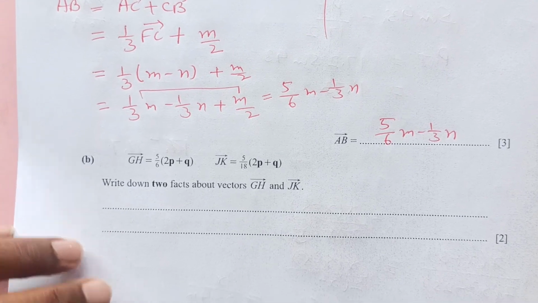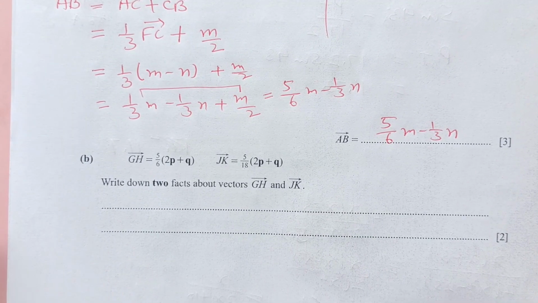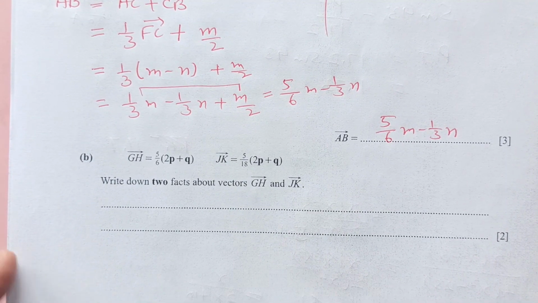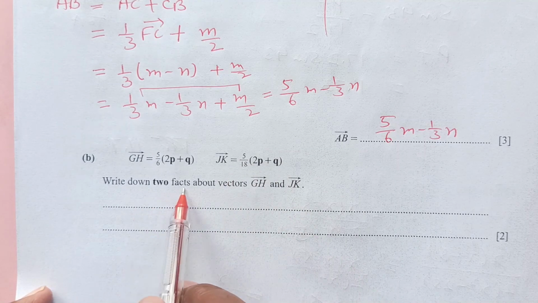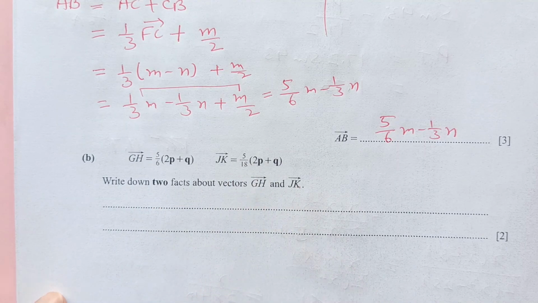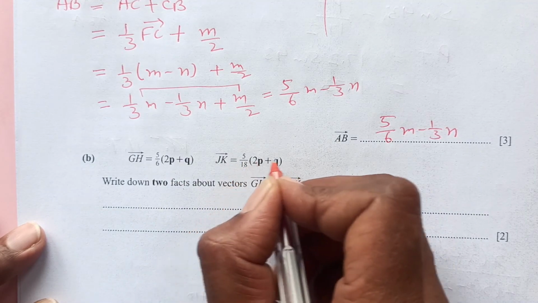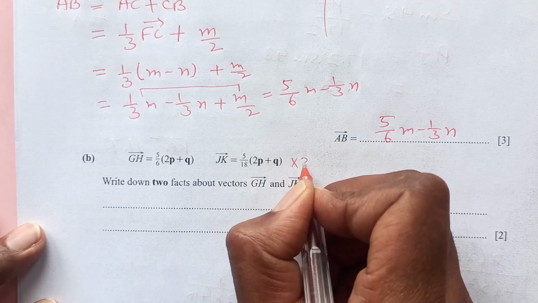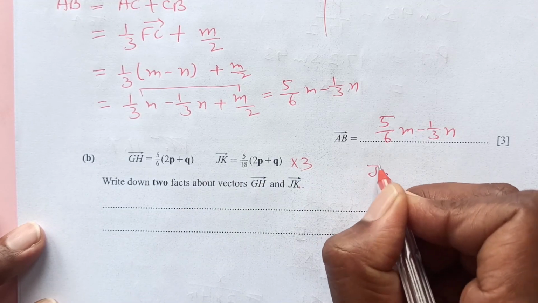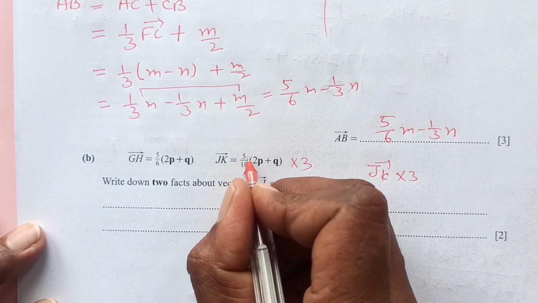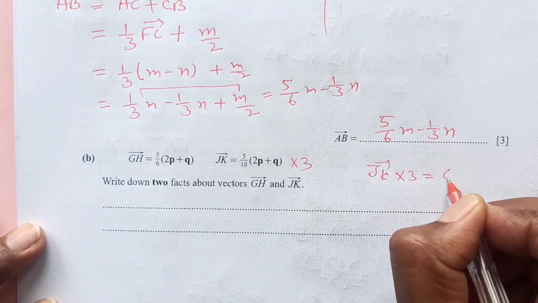Right, now we have here GH and JK given to us. Write down 2 facts about GH and JK. Now if you multiply JK by 3, this becomes GH.